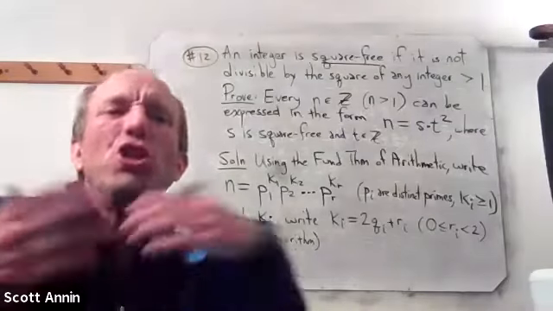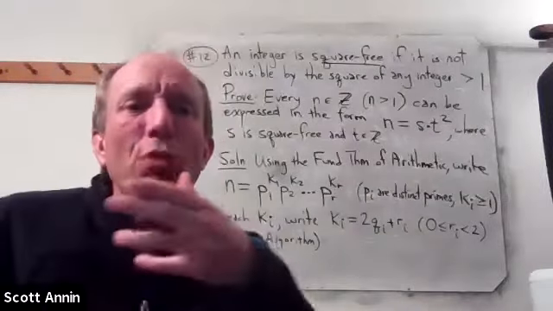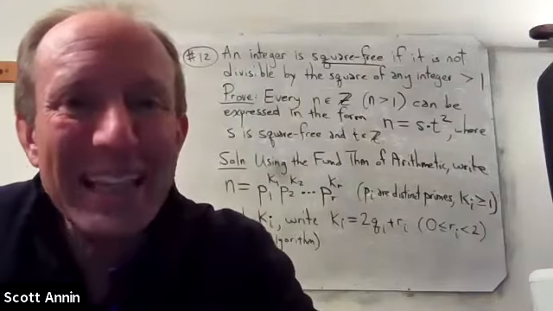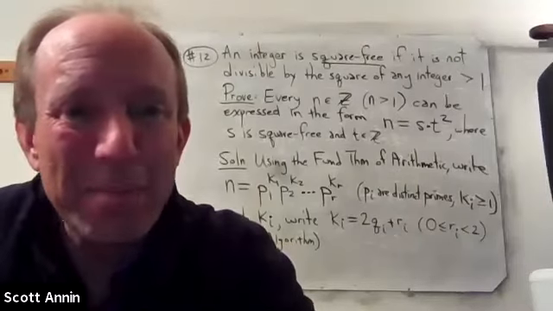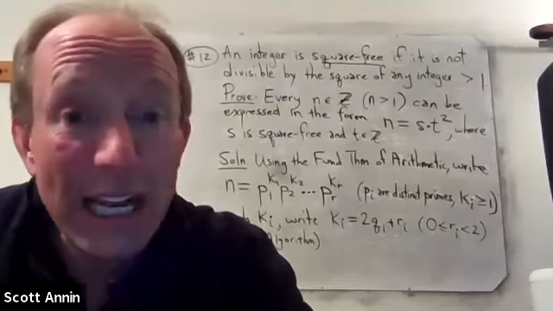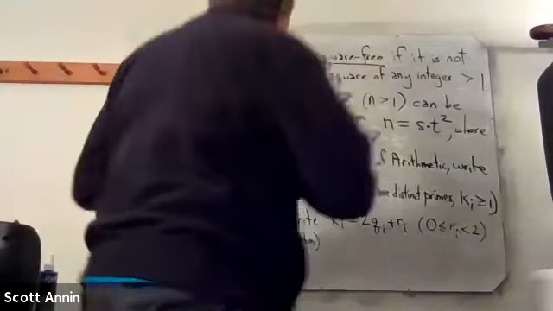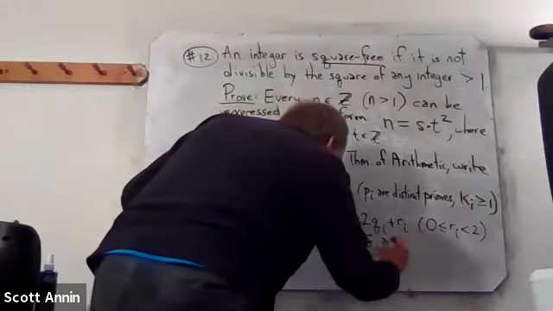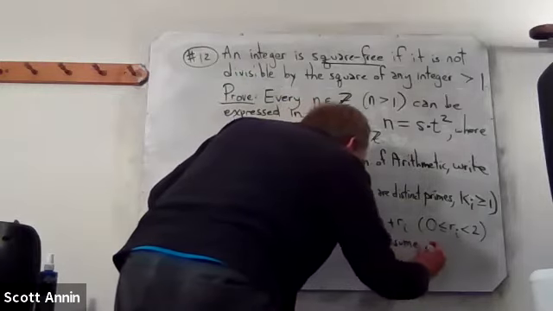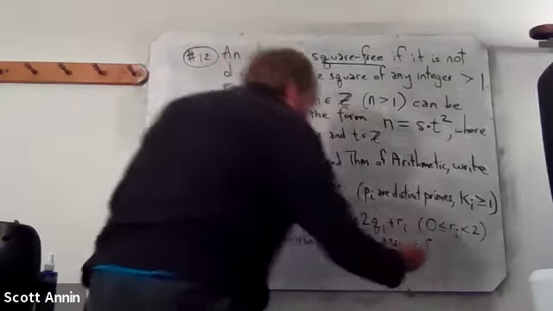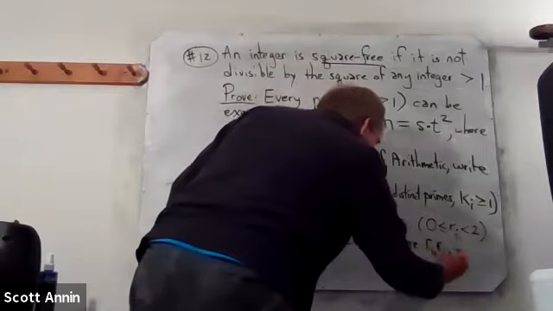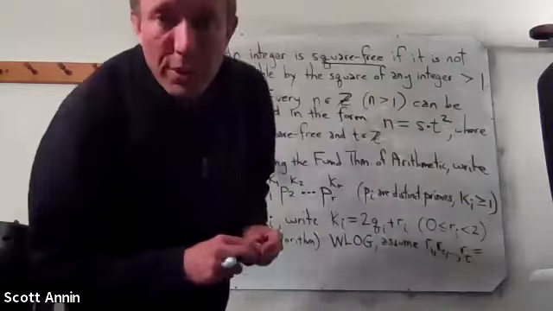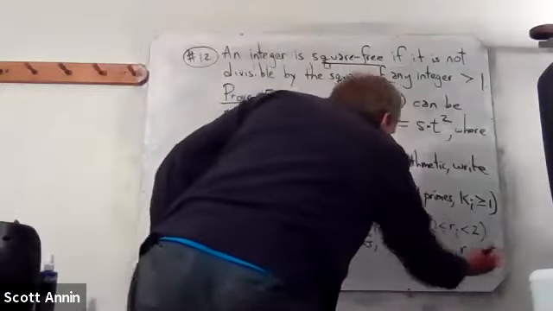But let's just assume that we've arranged these primes in a certain order so that the even ones are together and the odd ones are together. So I'm going to assume, without loss of generality, that r sub 1, r sub 2, up to r sub t, all of those are equal to 0.